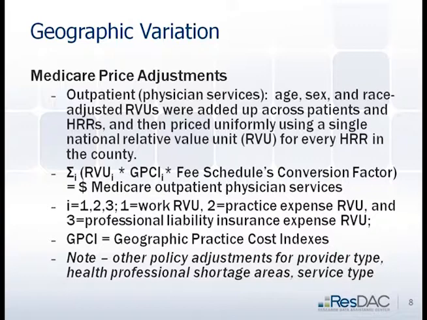You have the geographic practice cost indices. You have the fee schedule's conversion factor. And there are different types: the work RVU, the practice expenses, the professional liability. Once you multiply these things together and add them up, then you can see what the rolled up Medicare outpatient physician services are. And then you basically back things out in the same way that we did for the inpatient.